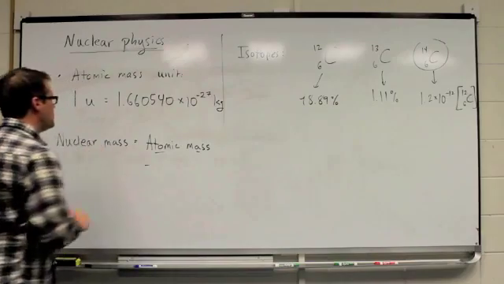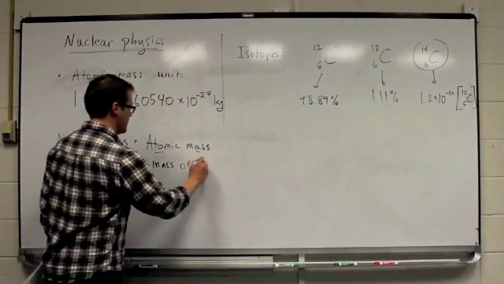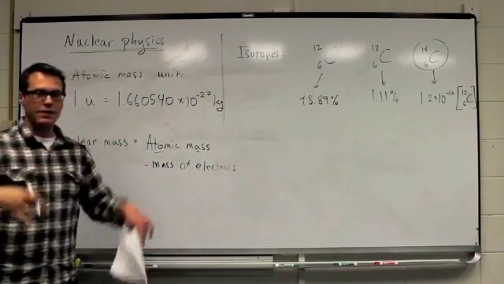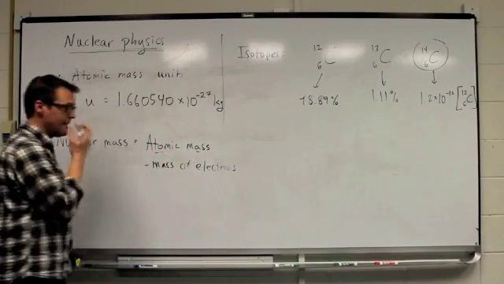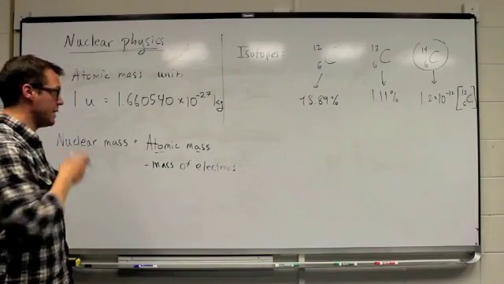To get the nuclear mass, you would have to subtract from that the mass of the electrons, because the atomic mass includes all of the electrons. That's an important thing to remember when you're dealing with nuclear reactions. We'll see an example of that in a bit.